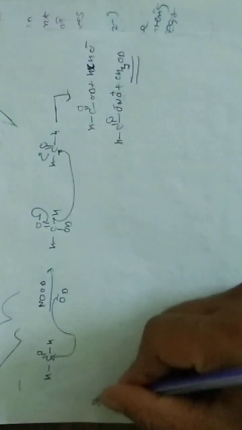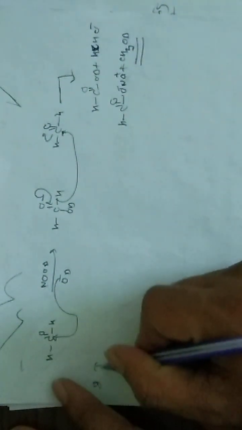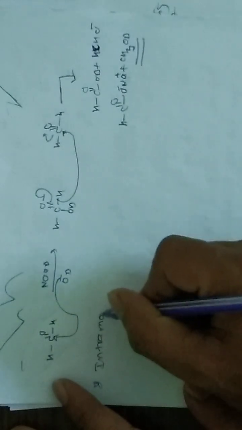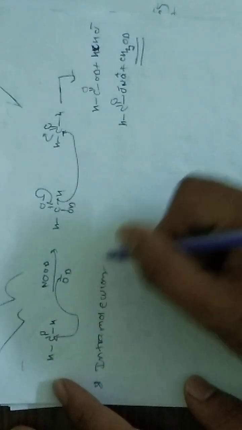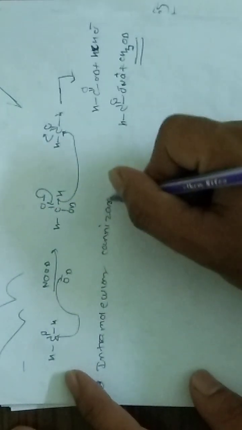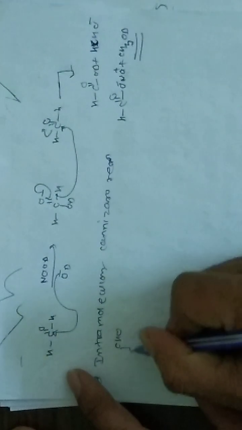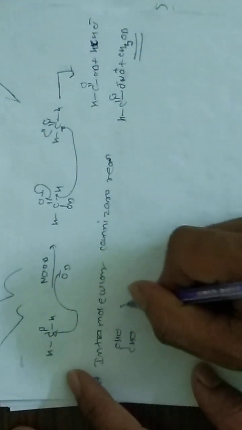Now one more point is the intramolecular Cannizzaro reaction. Let's suppose this is our starting material, with 50% KOH.